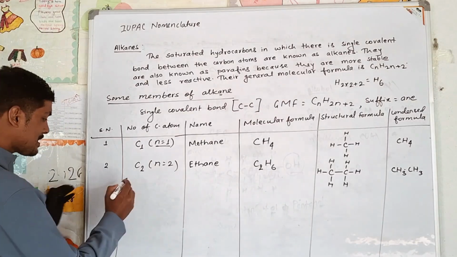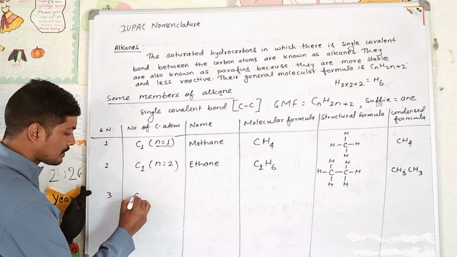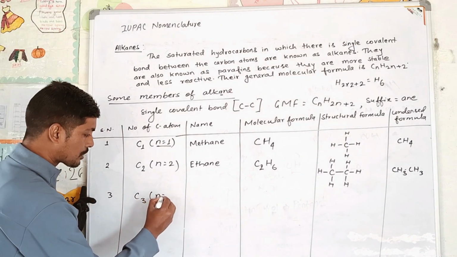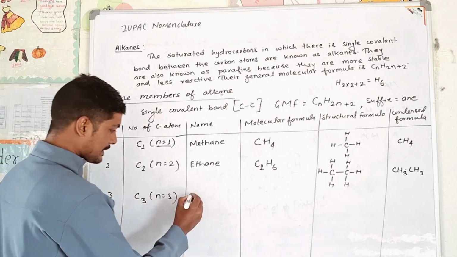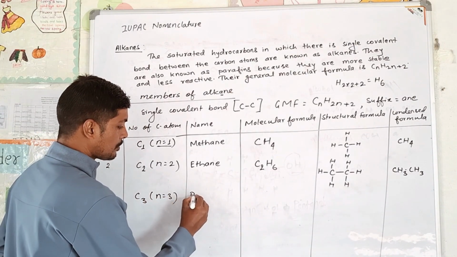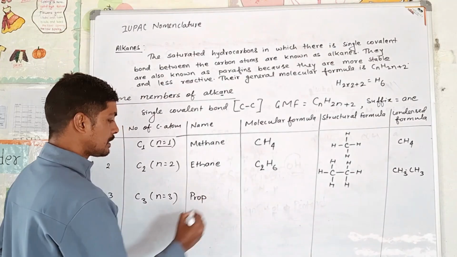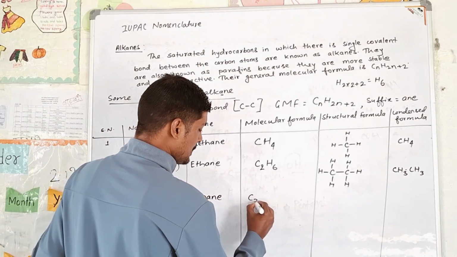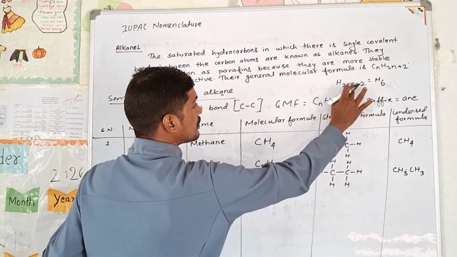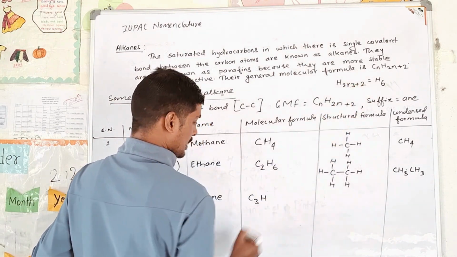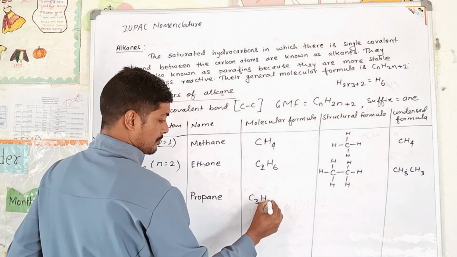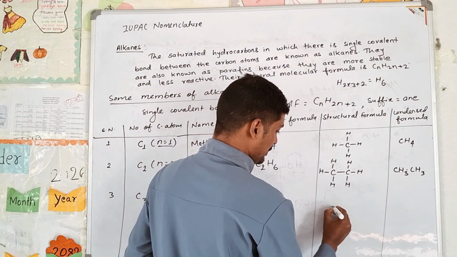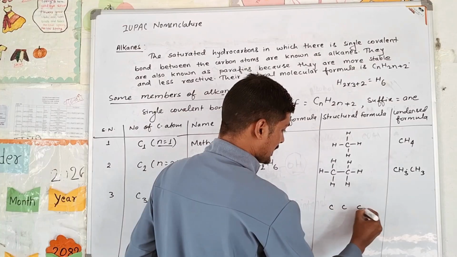The next one is the third member, having 3 carbons, N is equal to 3. It is propane. C3H, how many will there be? 8. Now make 3 carbons, 1, 2, 3.